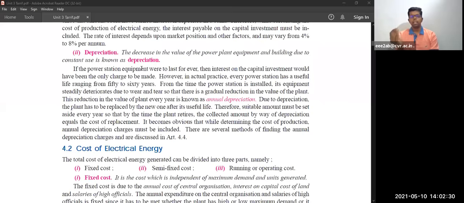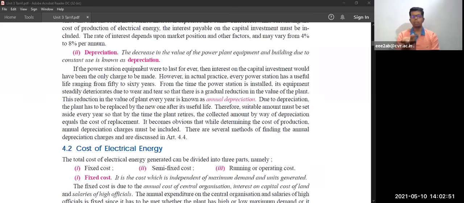After 1 year, that efficiency will come down somewhat, from 80 percent to 75 percent. Again, next year it comes to somewhat 73 percent. Like that, due to the depreciation, the efficiency will keep coming down.